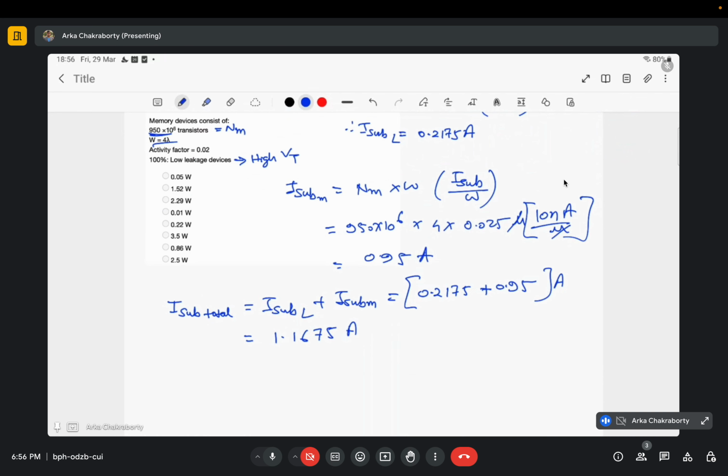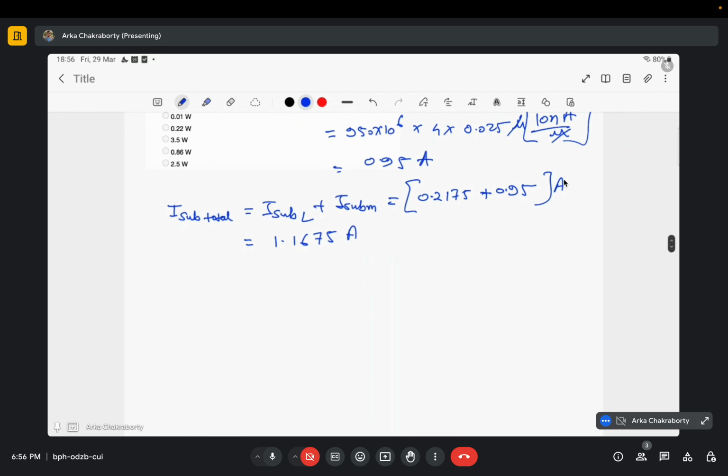Now I have to find the gate leakage current as well. One thing, if you remember the lecture that sir has told, the gate leakage current for PMOS is very small, so we don't consider it, we consider it to be 0. But here I will not be considering whether my transistors are NMOS or PMOS. For all the transistors I will be considering NMOS only.